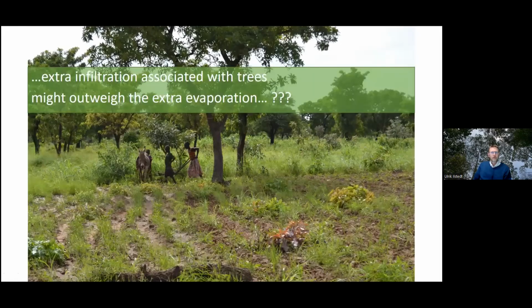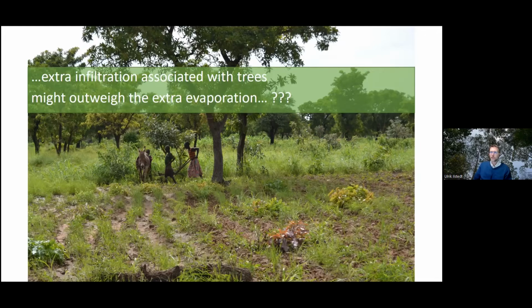So then I started to think about what we can do to find out if this is important, if this extra infiltration that we might get from trees, because we are improving soil infiltration capacity, the ability of water to enter the soils and reach the groundwater.